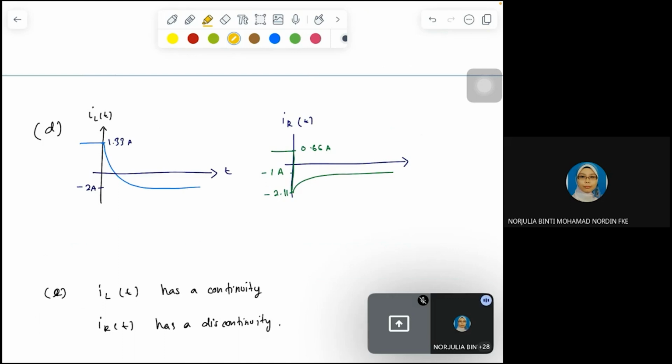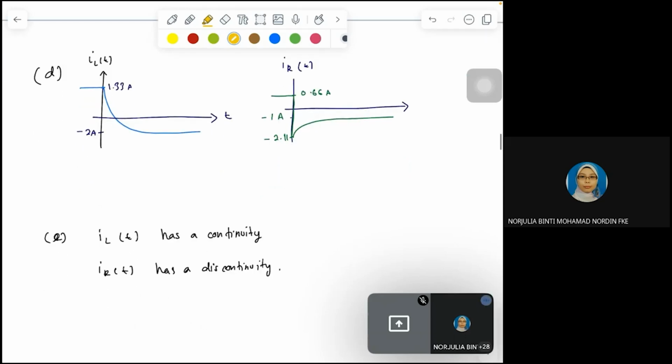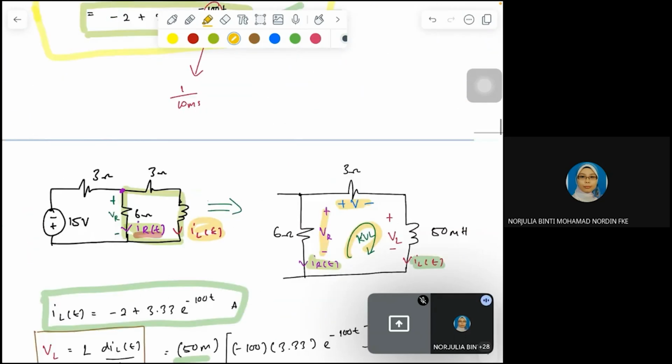Maybe you need to have two or three values of t and then plot them on your graph. You just sketch it, no need to be so accurate. And then from there you can get the trend of your graph.